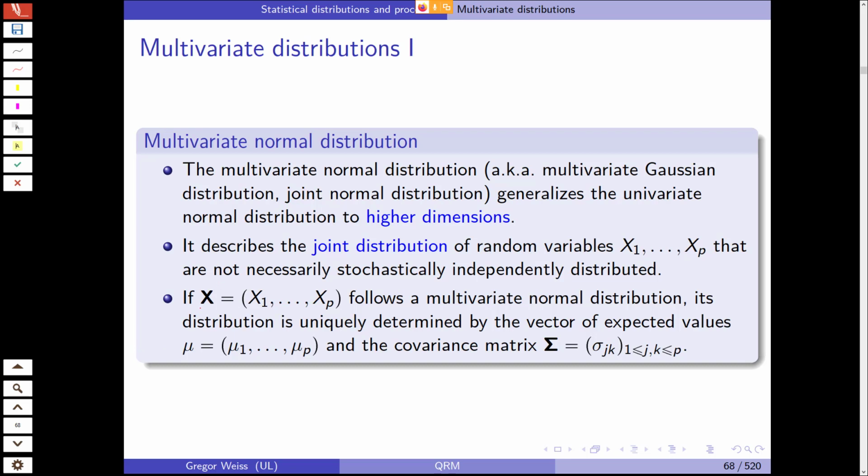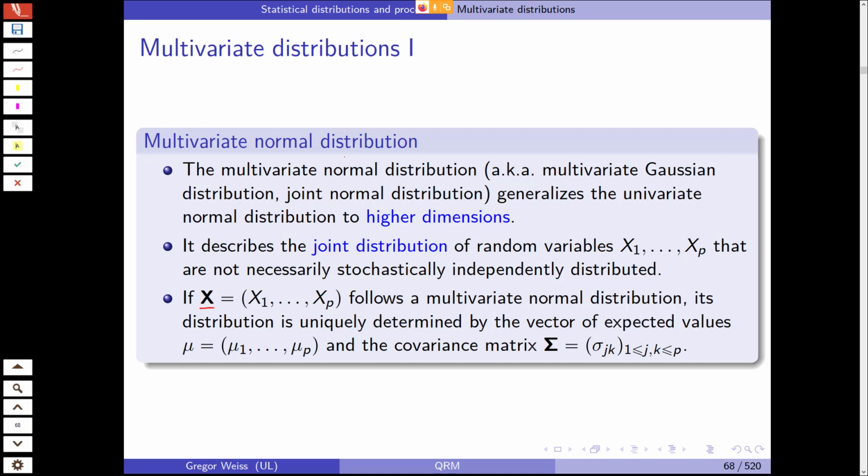The random vector would be x, and it is simply the combination of x1, x2, and so on. And then you can imagine that you have, for example, 2 dice that you roll, and you have a uniform distribution with the first one and a uniform distribution with the second one.